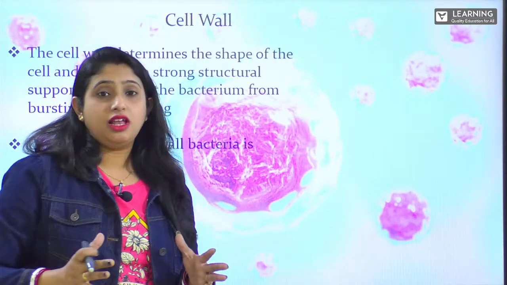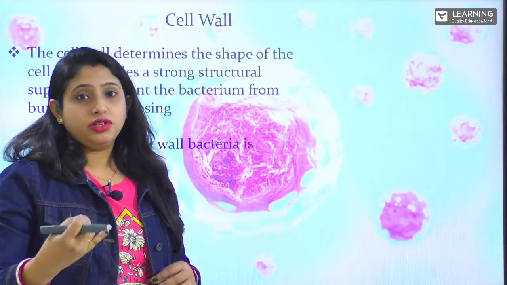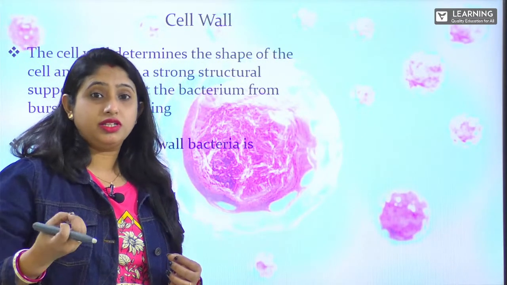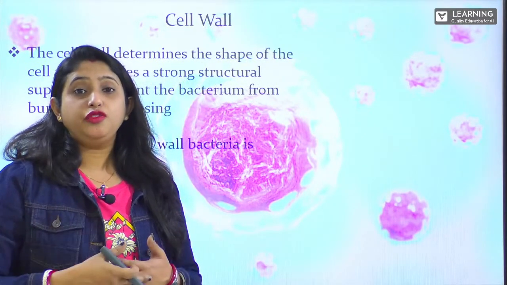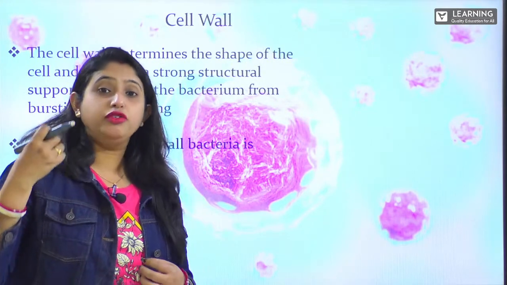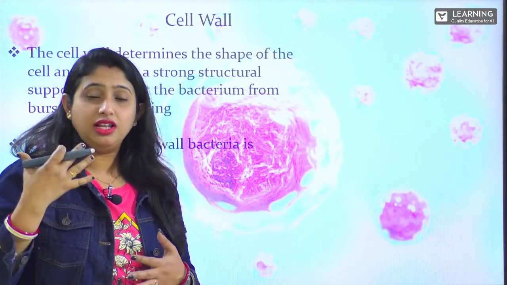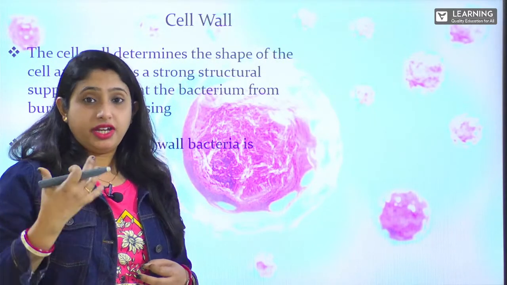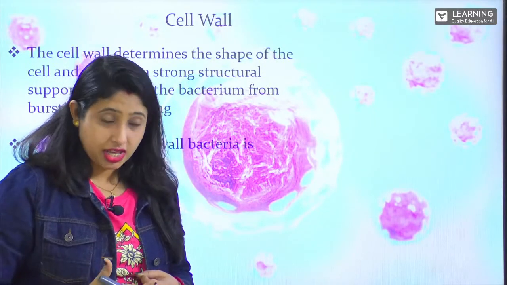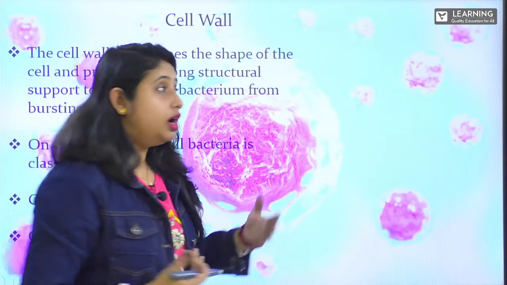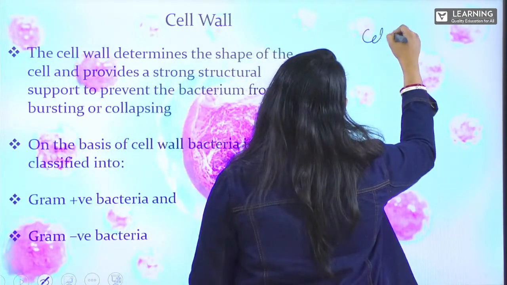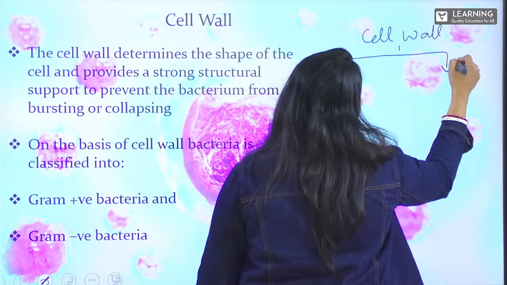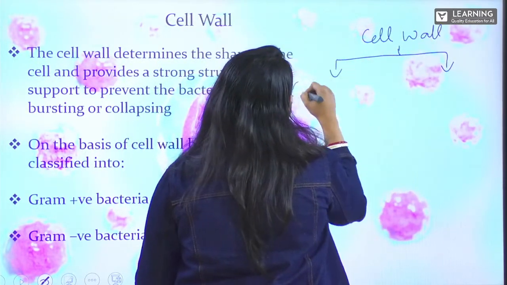So based on the cell wall, when the staining was done, what is staining? Staining is a process where we can identify the bacteria with the help of chemicals in the laboratory. So depending on the cell wall, the bacteria are classified into two types: one is gram-positive and another is gram-negative.